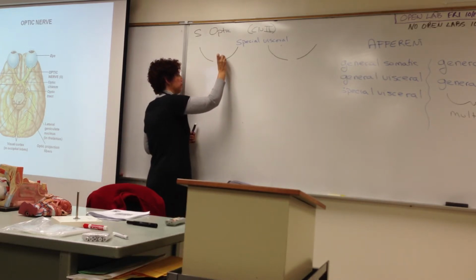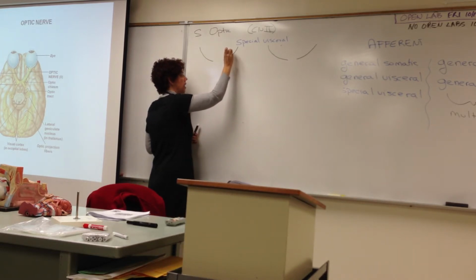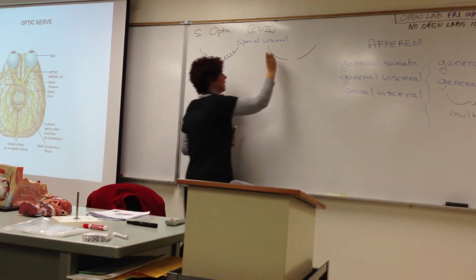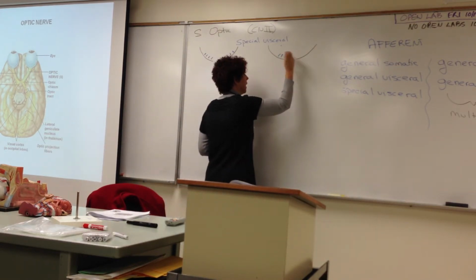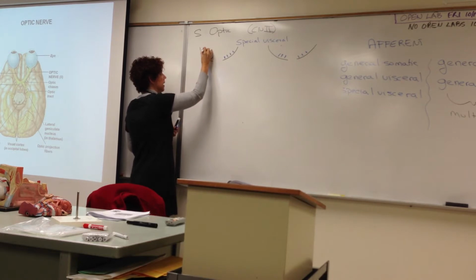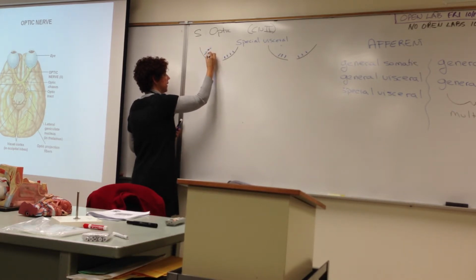So we have those rods and cones along this, forming the deepest layer of the retina. And if they are activated by light, then a bipolar neuron is activated.